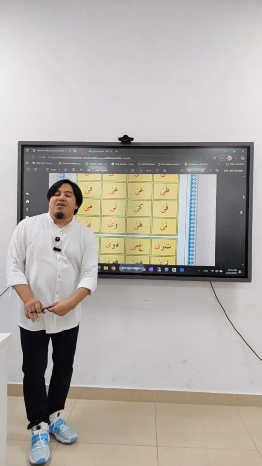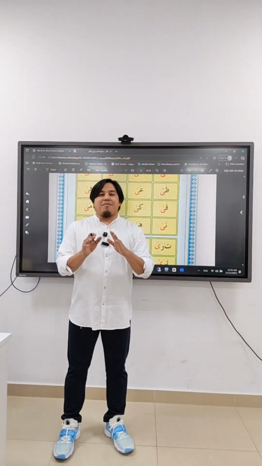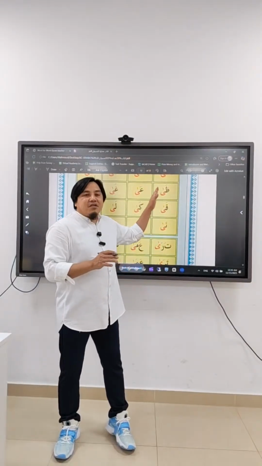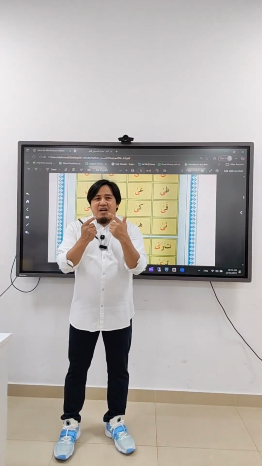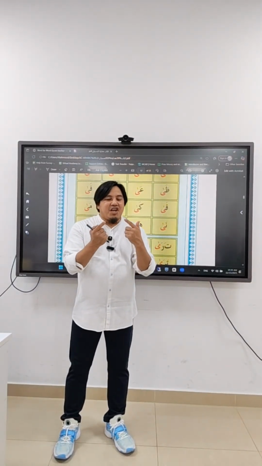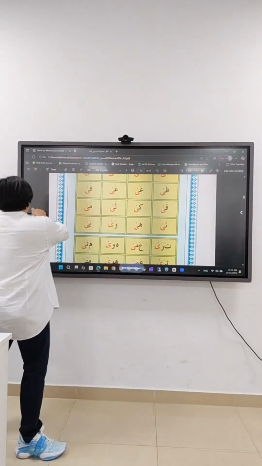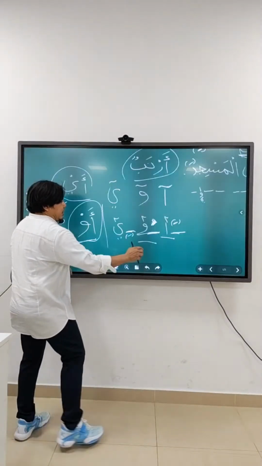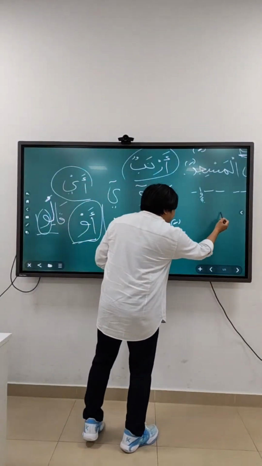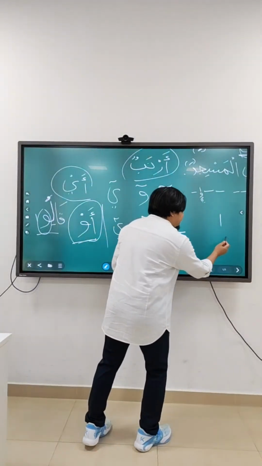And brothers, take note. There are two differences between the normal prolongation alif and the alif maqsurah. I'll show you.